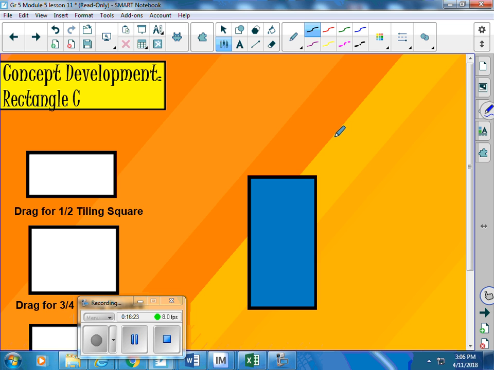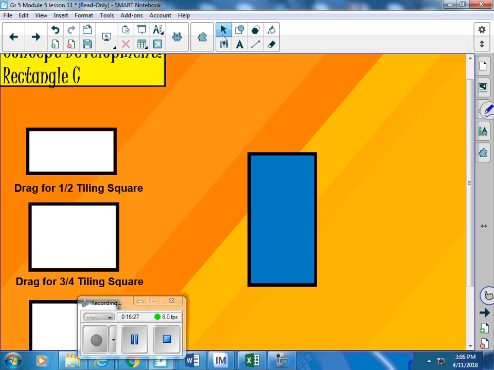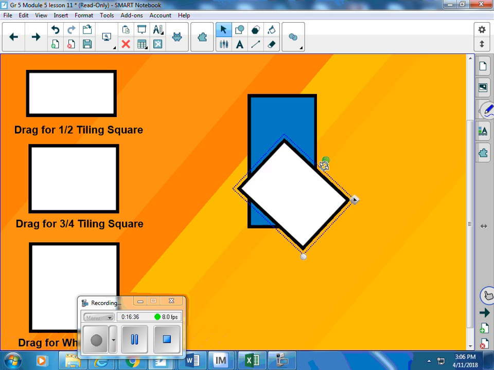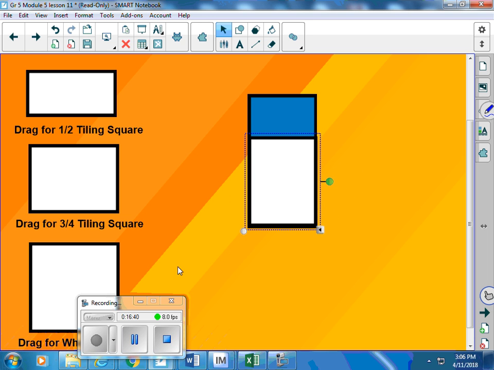So let's go ahead and try rectangle C. Oh, a small one. That's nice. All right, so I can tell you already that 1 is not going to fit. So let's see what happens if we turn it. Ta-da! That fits.